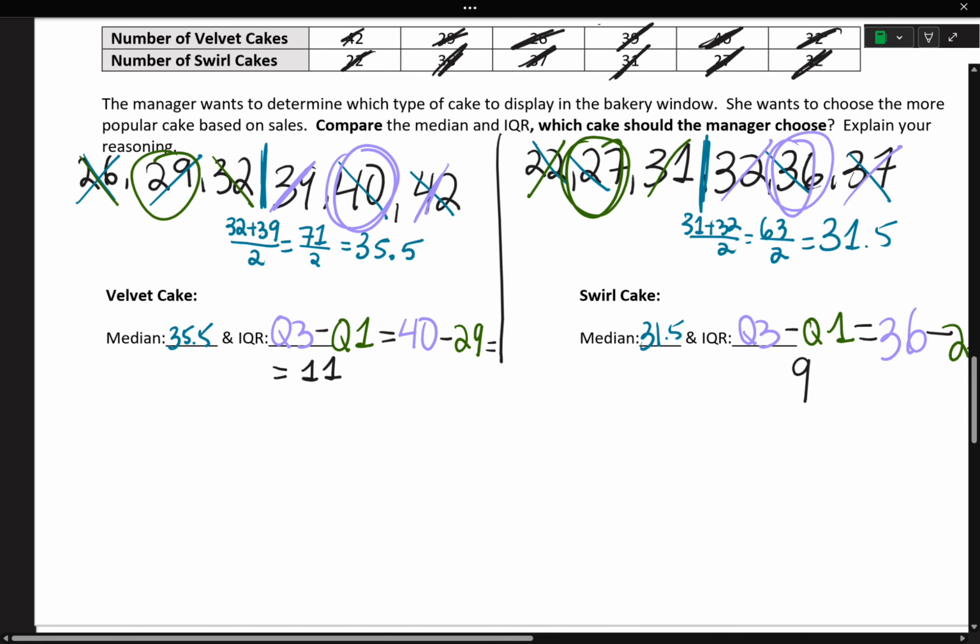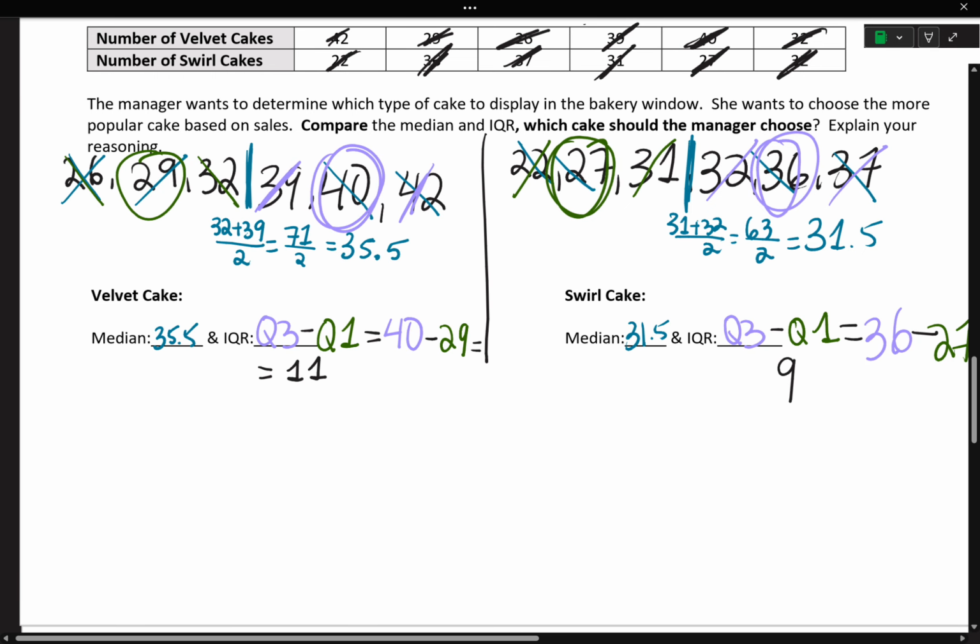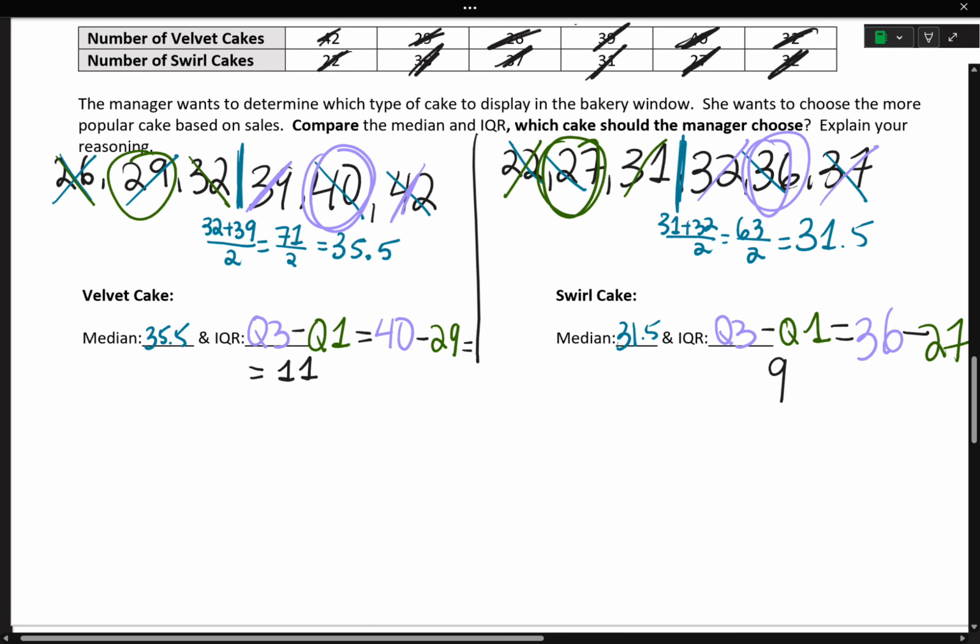However, she would take risk on the velvet cake. Yeah, she has a higher median, but she could potentially have 11 less or 11 more. But think about it. What's 11 less than 35 and a half? And what's 9 less than 31.5? Which one should she choose?